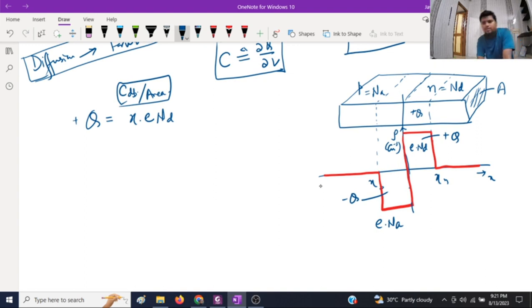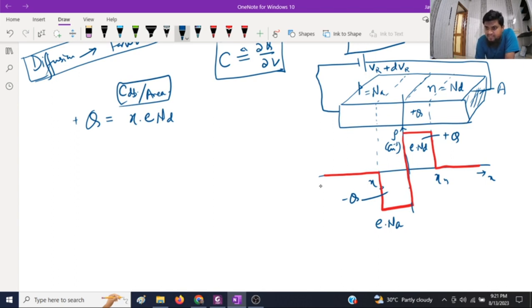Okay, now this was the case when we were having, let's assume, a reverse bias of VR. Now if we increase this reverse bias with a very small voltage dVr, let's say, what will happen?